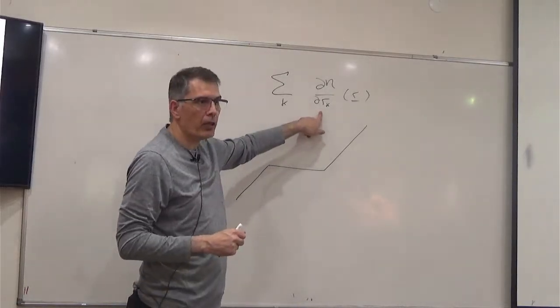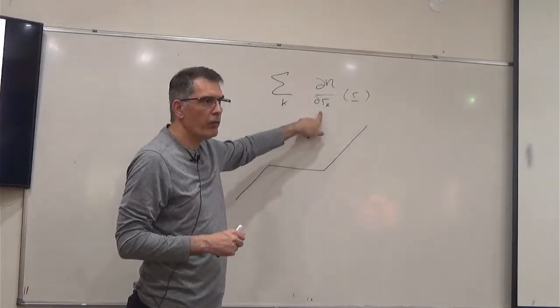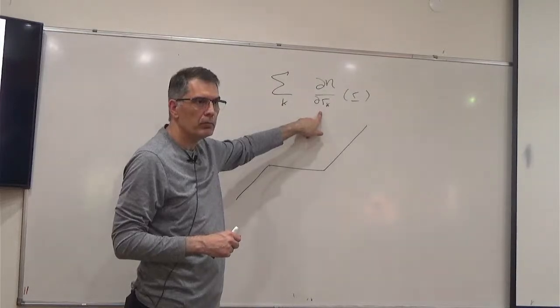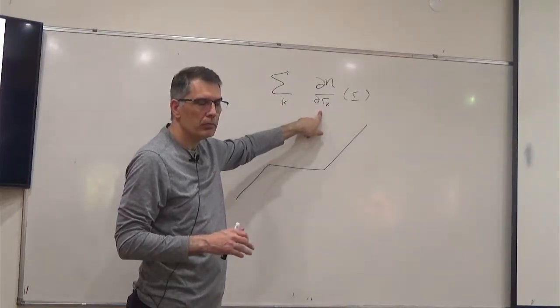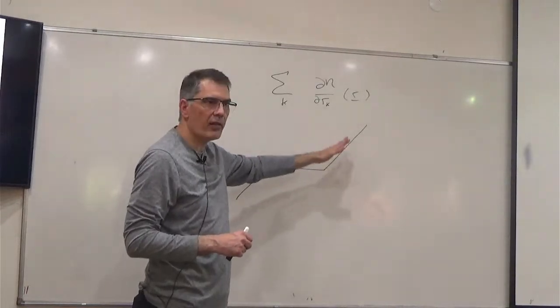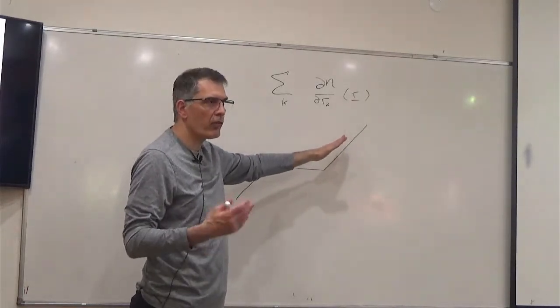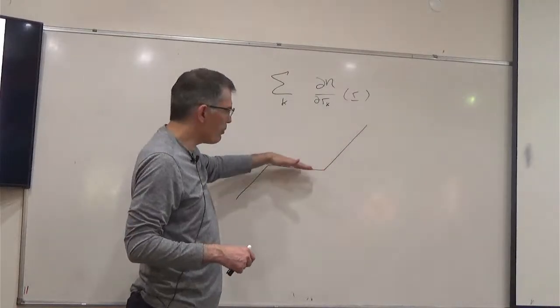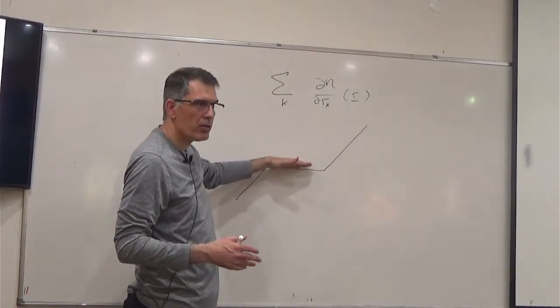For a particular RK, this can take only two values. If the RK happens to be on this slope, the value is going to be 1. If it happens to be here, 0, and here is 1.